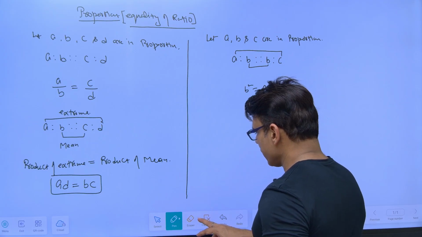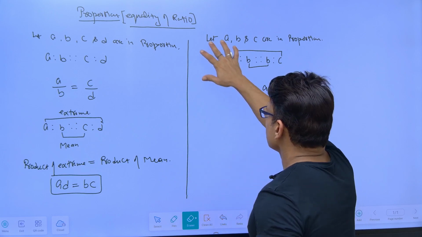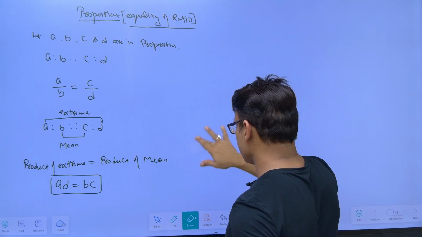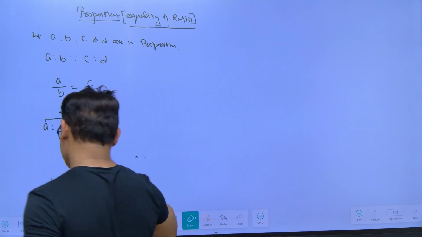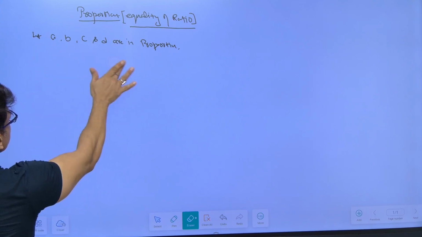Okay. So here we have to understand something in this case. There are four basic, let's say five, important results on proportion.